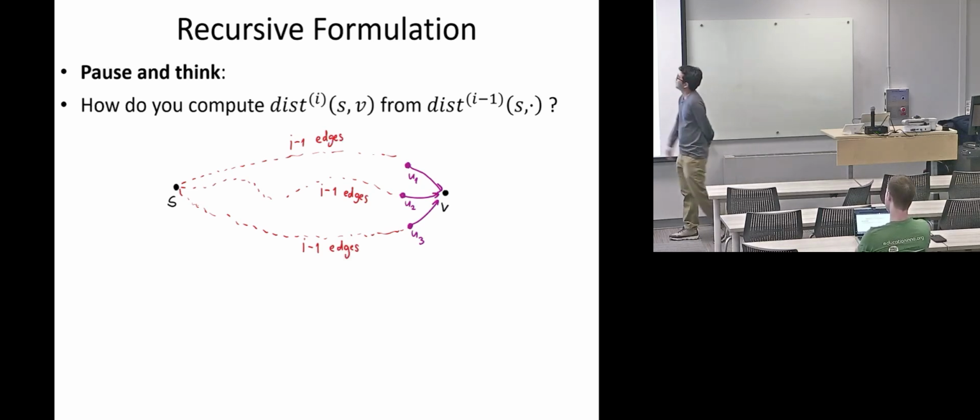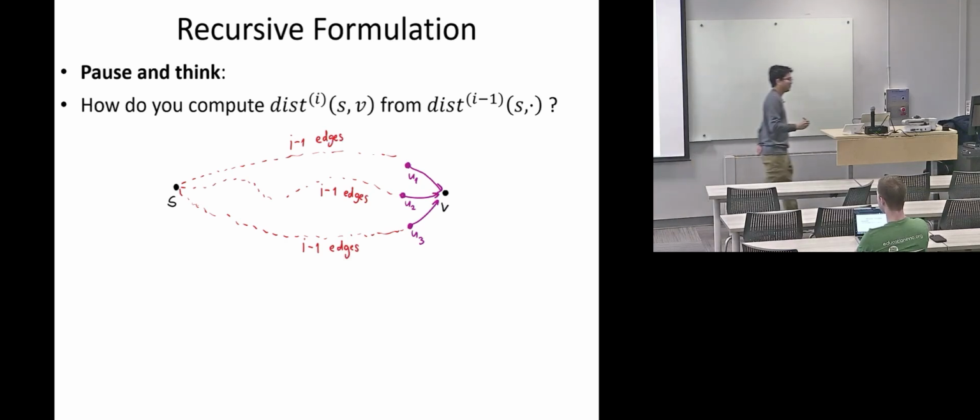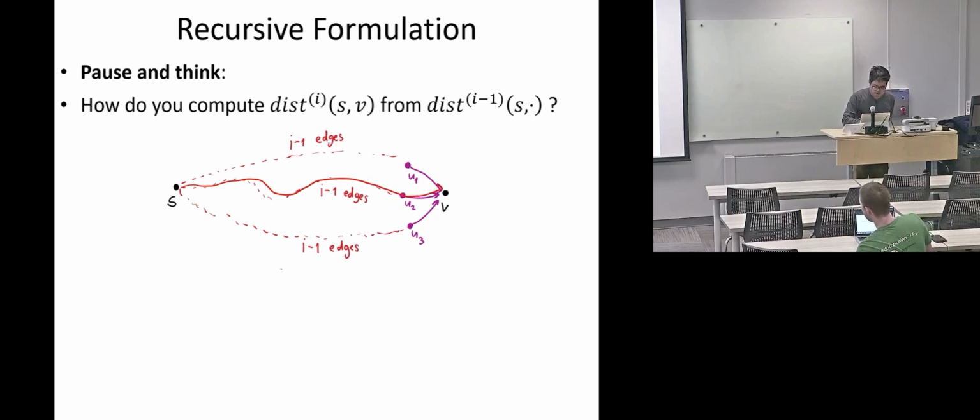Yeah, thanks, Guy. So basically you said that the shortest path from S to V must go through some in-neighbor of V. So maybe it goes through this one, U2. Suppose this is a shortest path, P star.